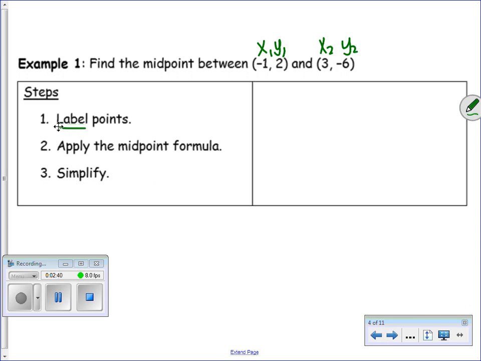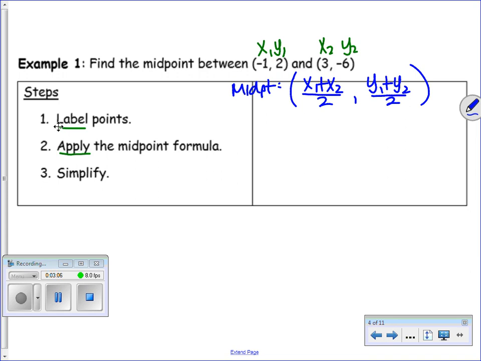From here, they want you to apply the midpoint formula. So let's go ahead and write our formula on the page. My midpoint, again, is an ordered pair, and it's the average of those X coordinates, and then the average of my Y coordinates.